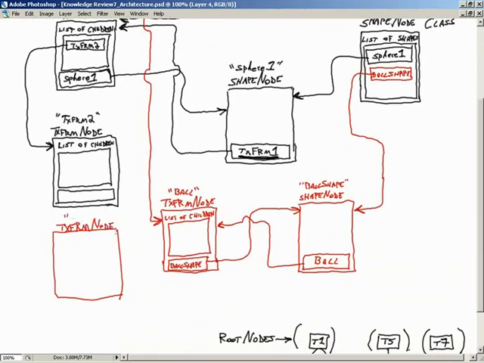That is called a box. And of course, inside he's got what? A list of children. So just trust me, that's a list of children. And he's got a reference to a shape node.